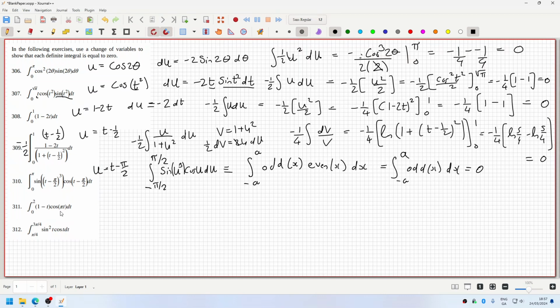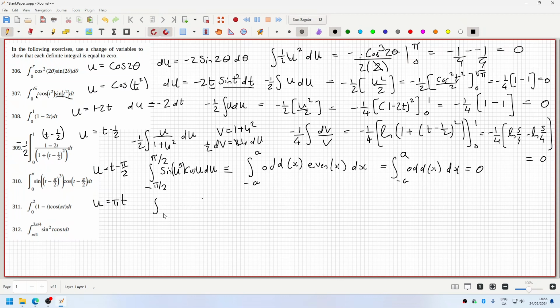Okay, here, maybe it's something similar. If I say u equals 1 minus t, then this becomes the integration when t is 0, that's 1. And when it's 2, it's minus 1. Interesting. And that would be u cos pi t. Oh, no, maybe it'd be better to use the substitution u equals pi t.